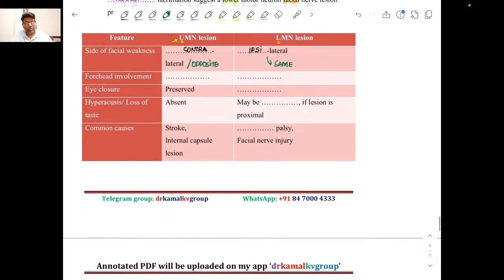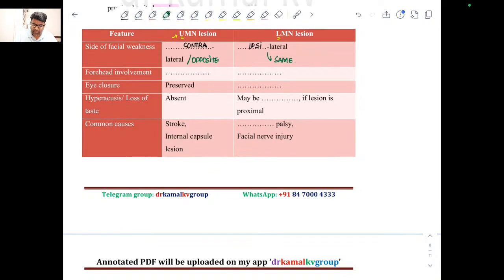Okay, so this is one important point. Then second, forehead involvement. In upper motor neuron, there will never be, so it is spared. But in lower motor neuron, it is involved, so there will be paralysis of the forehead as well. Very good, bachche. So no forehead involvement in upper motor neuron.